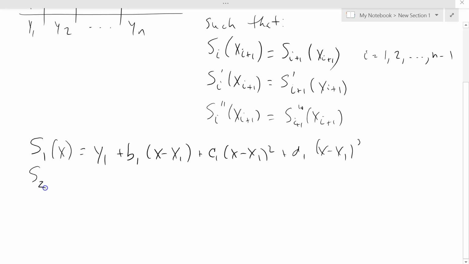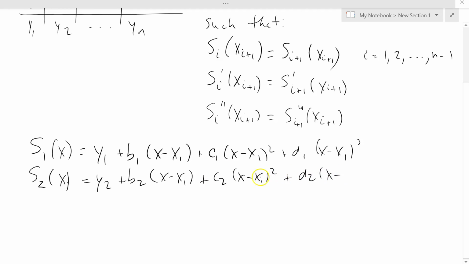So S2 will be y2 plus b2 times x minus x1 plus c2 times x minus x1 squared plus d2 times x minus, oops, this is x minus x2, sorry, x minus x2 cubed. So again, we're shifting it so that when we plug in x2, we get y2. So again, I don't have to worry about the constant term matching up.